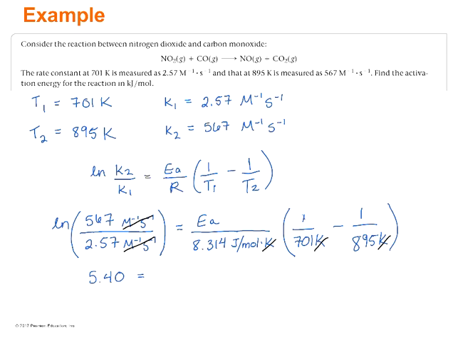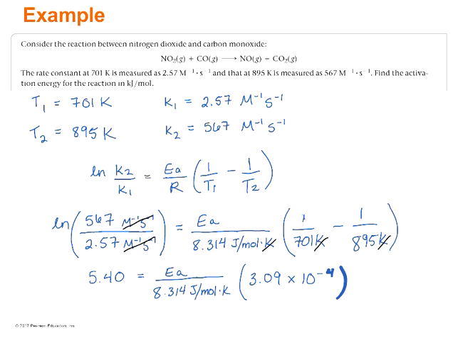And on the right-hand side, we should end up with a value of 3.09 times 10 to the negative fourth.